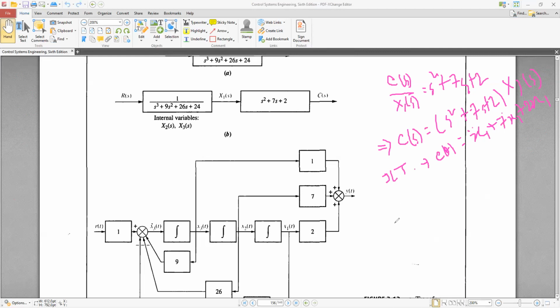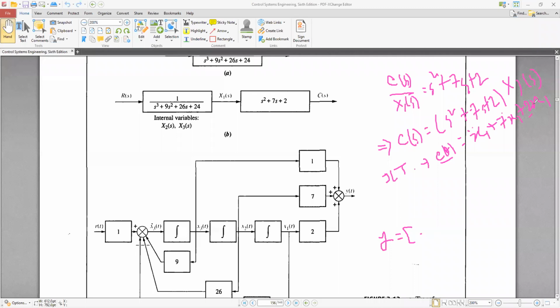So what would be the equation here? We can write the output equation as C. Instead of C, you can write y. Y is equal to 2x1. That means 2.